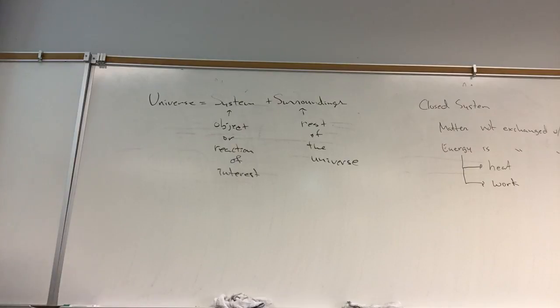So this is what we call constant volume. One of the characteristics of a constant volume system is, since the volume doesn't change, we don't have expansion or contraction of the system.